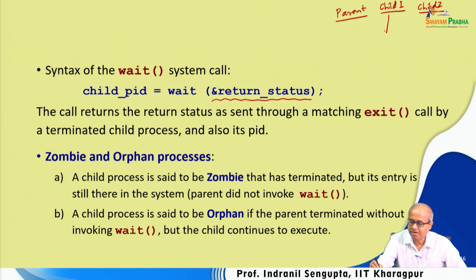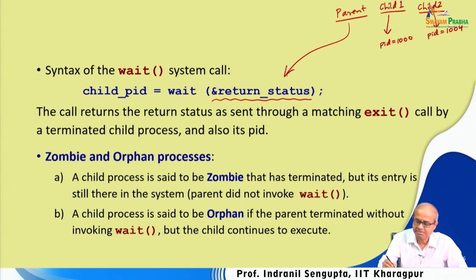Suppose child 1 has a PID of, let us take an example, 1000, and child 2 has a process ID of let us say 1004. Let us say the parent has made a call like this, child PID equal to wait ampersand return status. So, either child 1 may terminate first or child 2 may terminate first. So, one of them has executed the exit.